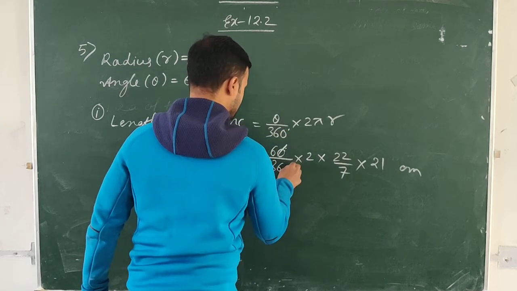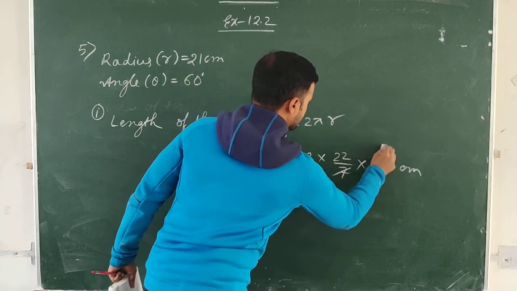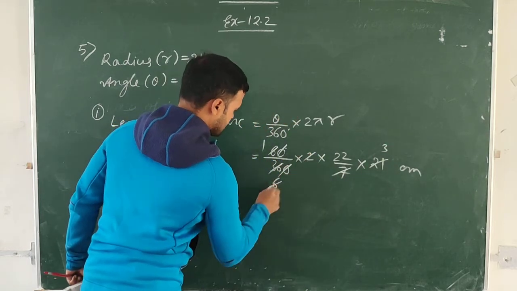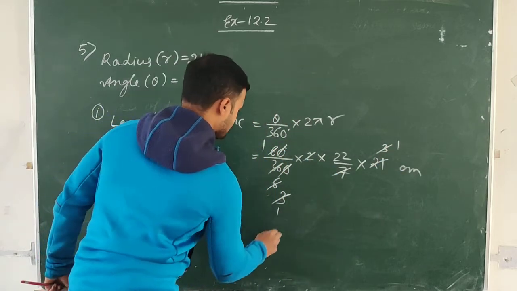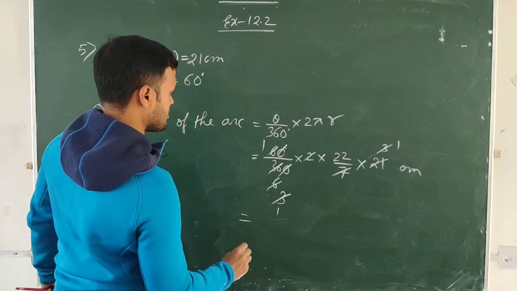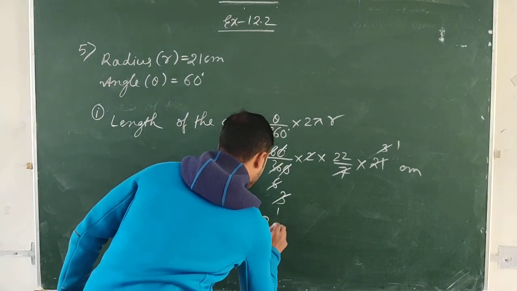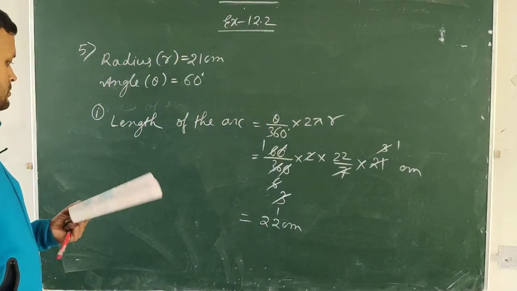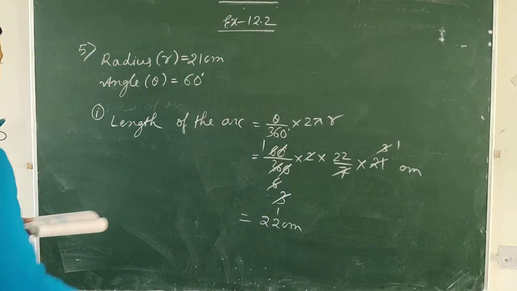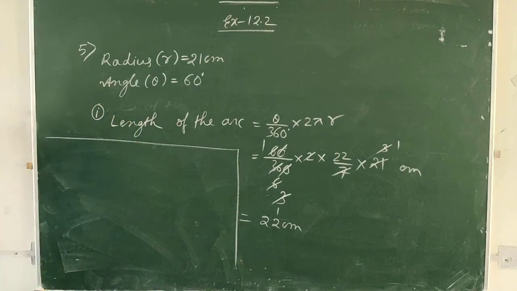So 0 and 0 are cancelled, with 6 you cancel 36 6 times, 7 you cancel 21 3 times, 3 you cancel. So what is the answer? 22 centimeter, the length of the arc.